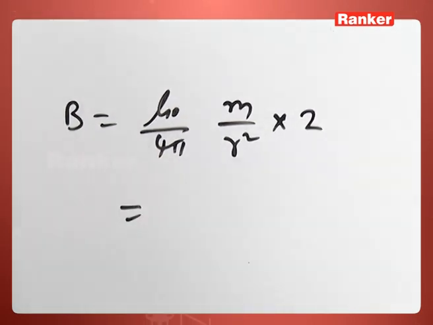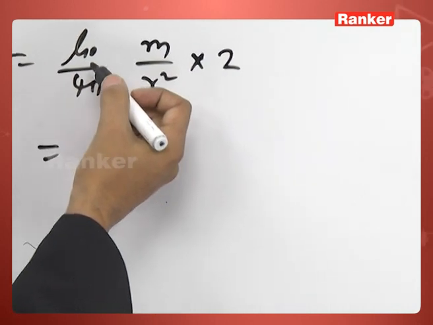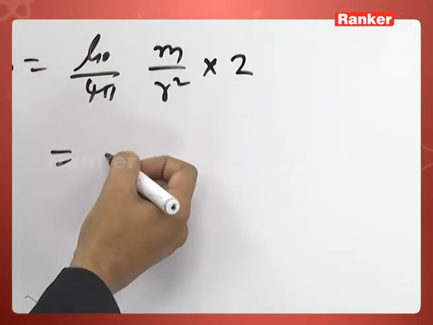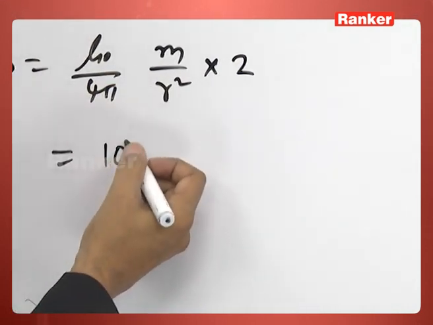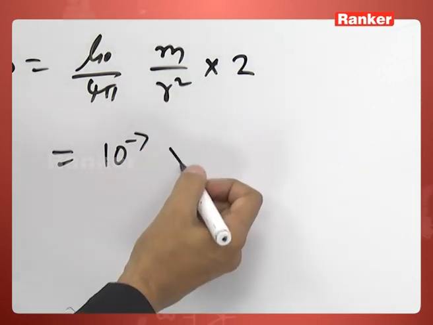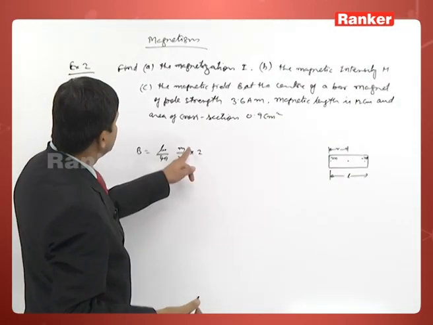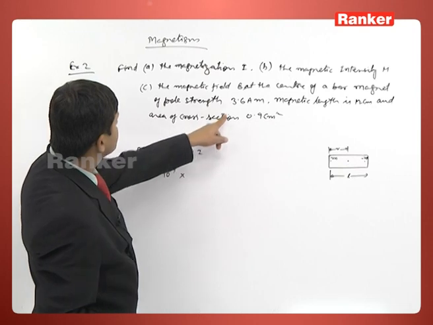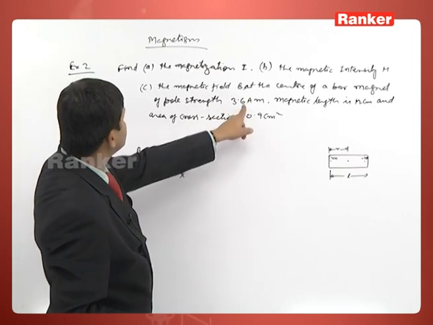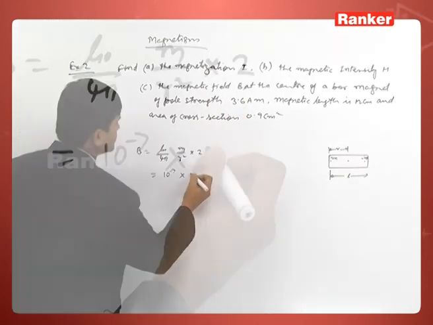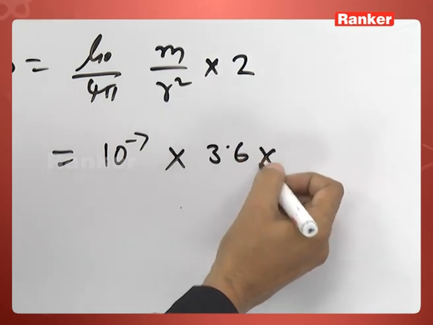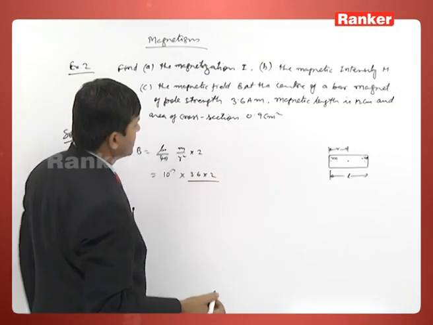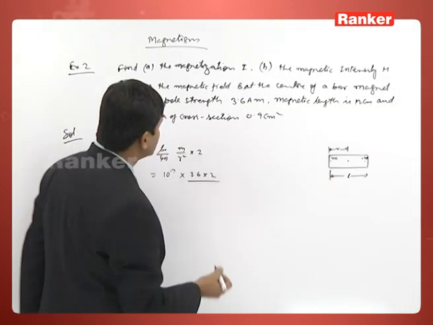So now we can calculate here mu naught by 4 pi, 10 power minus 7. M is the pole strength given here, 3.6, into 2 by R square. R is here L by 2.